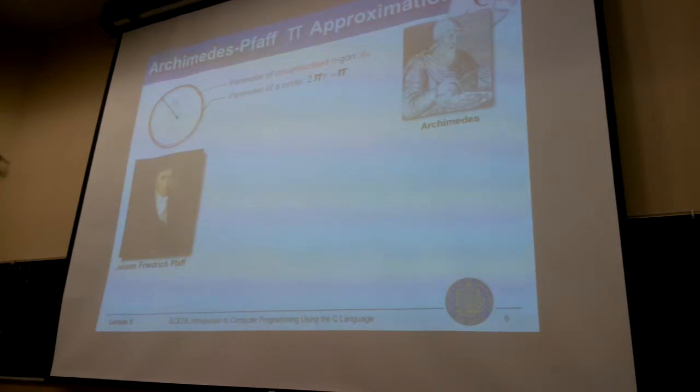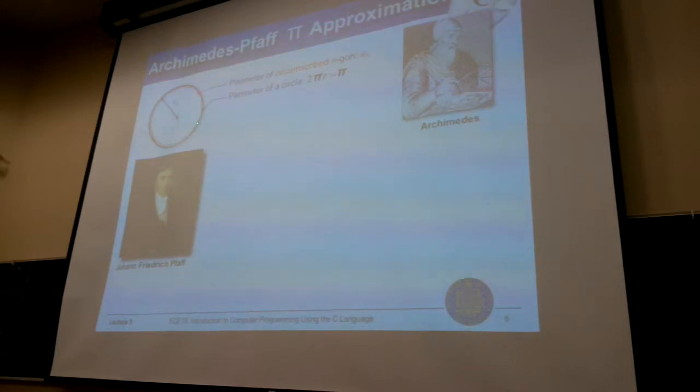So what we'll do to approximate pi is we'll consider two additional shapes other than the circle. One is the perimeter of an n-gon. An n-gon is just a polygon with n sides that is inscribed in the circle.